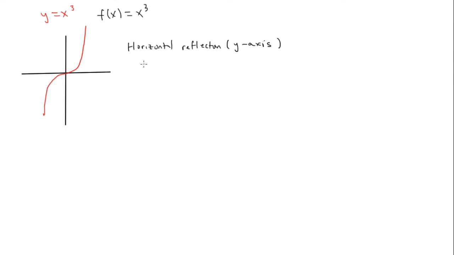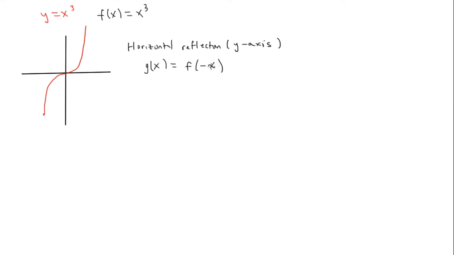It looks like this. All we have to do is replace, so we don't want f anymore, we want a new function. Replace x with minus x. Okay? And everything in the horizontal direction you do before you apply the function.